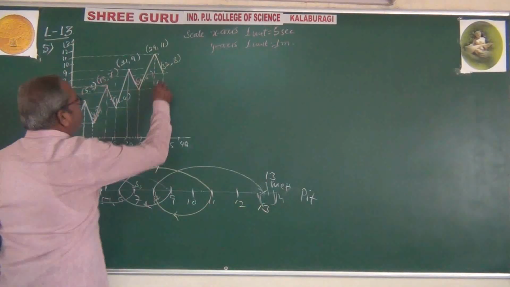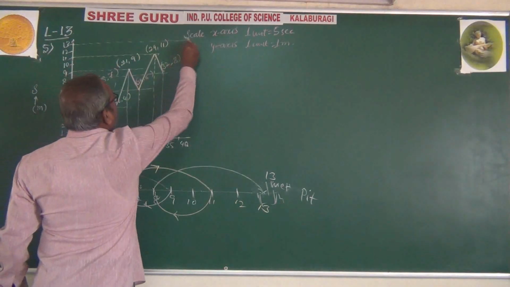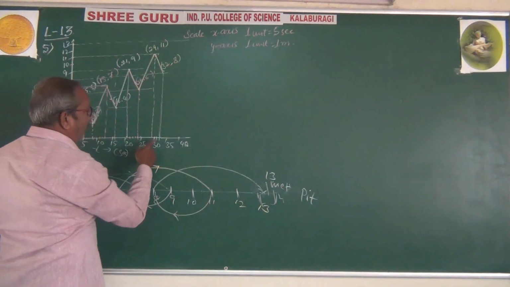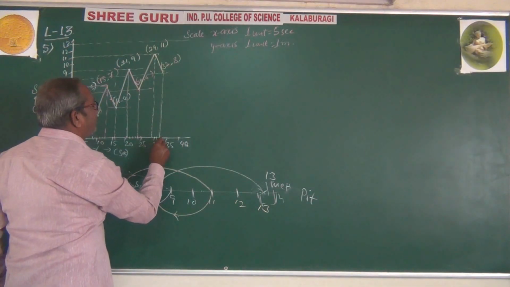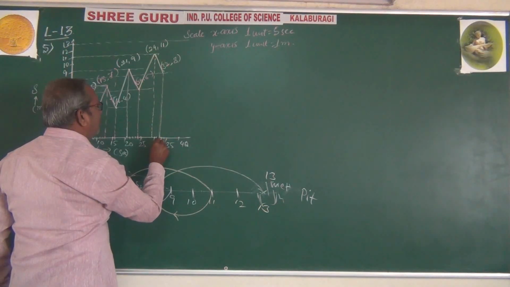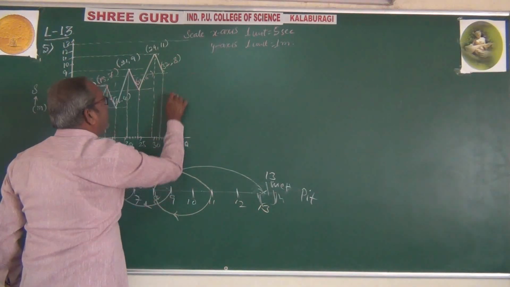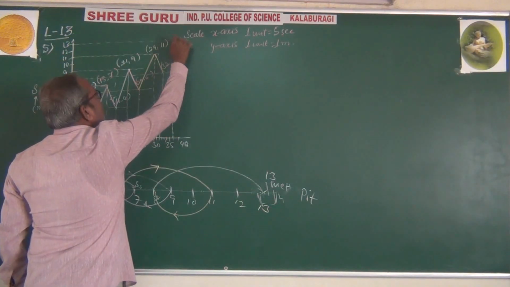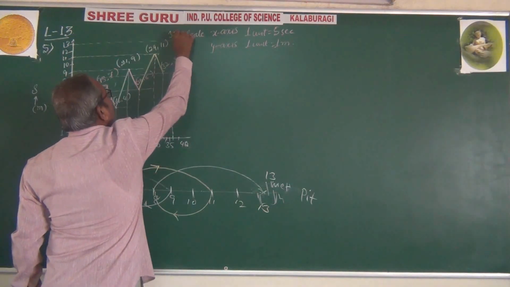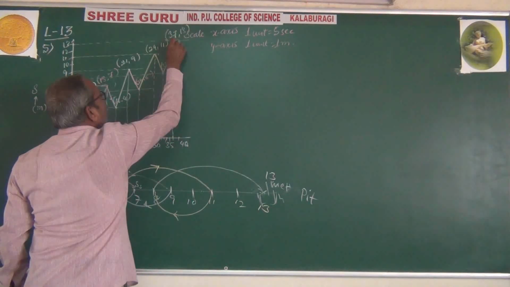And the relevant position will be the 13 meter position. And the time: 32 already, then 33, 34, 35, 36, 37. So here the time is 37 and the position is 13. So finally he will fall into the pit.